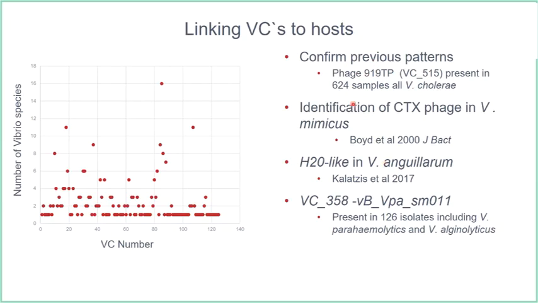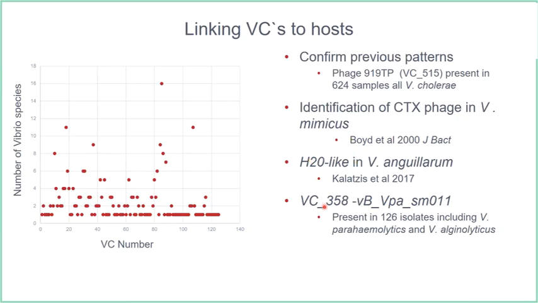We're also able to go on and show that phage CTX is not limited to Vibrio cholerae, and we can find it in Vibrio mimicus, which has been reported, but we expanded the range of Vibrio mimicus, or the number of strains that it can be found in. Some phages like H20-like, which are found in Vibrio anguillarum, we confirm this, and again went on to show it's found in more than just, it's limited to just Vibrio anguillarum, but there's a large number of them.